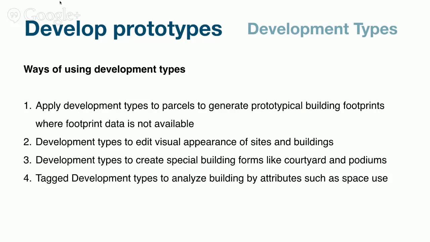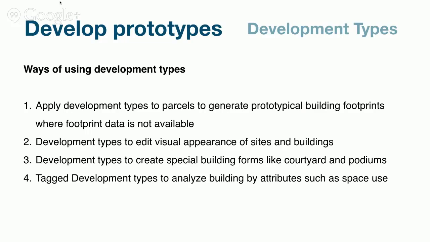If we wanted to assume that a building is going to be built out completely to the allowed boundaries of the site, taking into account setbacks, first thing we do is we say, okay, look at the zoning table, respect front, side, and rear setbacks, and then what's left is what gets extruded into the building. So that's generating building footprints from parcels when the footprint data isn't available.